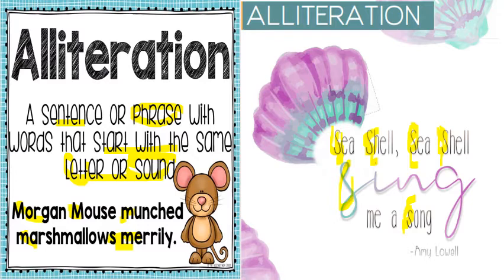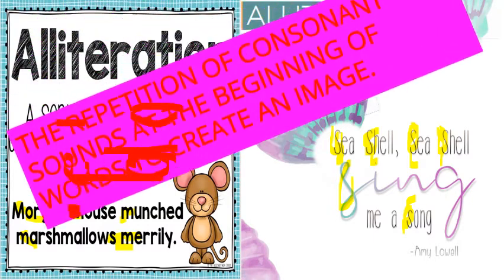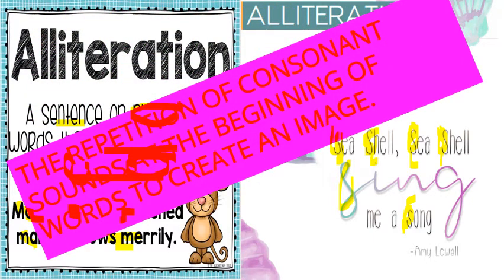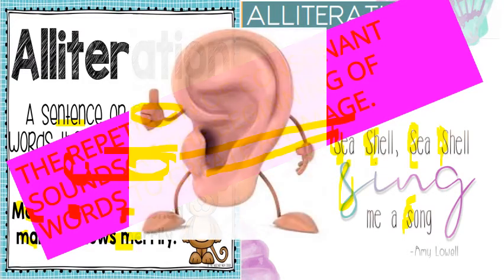If you can just imagine that sound of waves crashing onto a beach. So, the repetition of consonant sounds at the beginning of words to create an image is what alliteration basically boils down to. Again, it's all about the sound that we are going to hear.